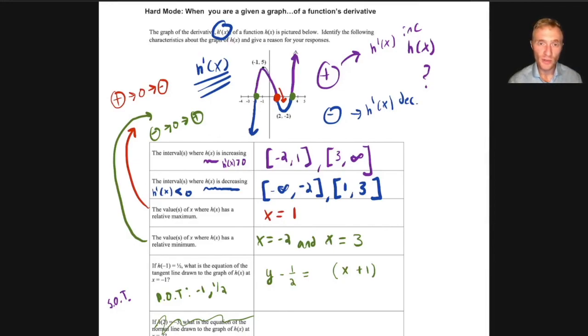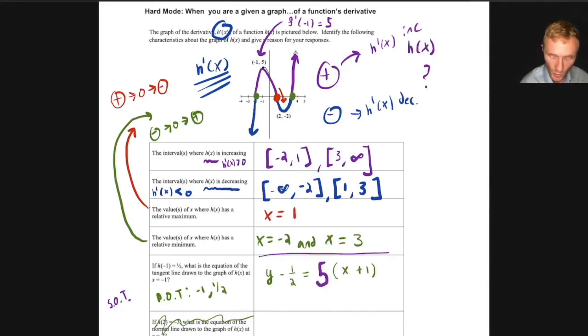So what is the derivative at -1? H prime of -1 equals 5. The derivative of our function at -1 is 5. The slope of our tangent line at -1 is 5. That is how you would make the equation of the line tangent to h of x at that point.